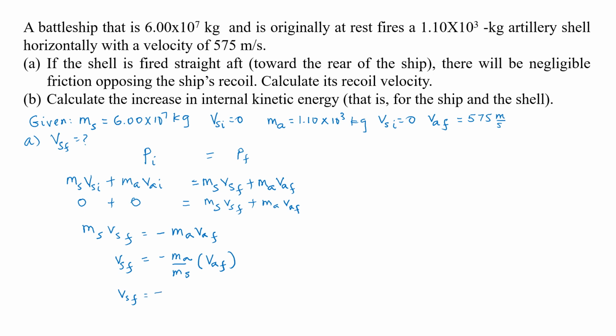Mass of the artillery shell 1.10 times 10 to the power of 3 kilogram divided by the mass of the ship, which is 6.00 times 10 to the power of 7 kilogram, multiplied by the velocity of the artillery shell final, that is 575 meters per second.